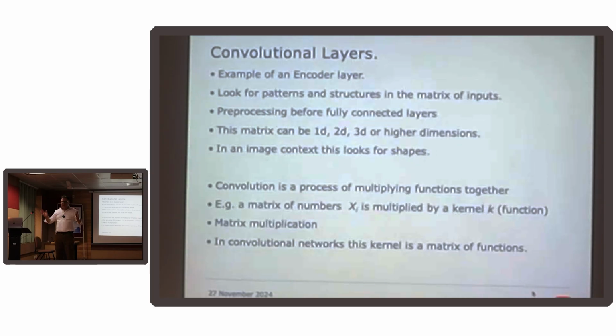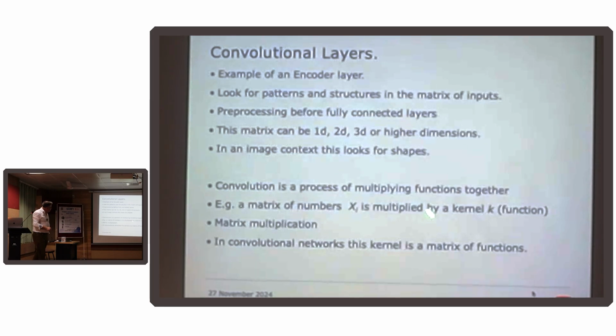So you're representing the 3D structure of the molecule within a cube, and then encoding that 3D structure with a 3D convolutional neural network. The key point here is it's encoding that structure. In an image context, this is encoding shapes within the image.